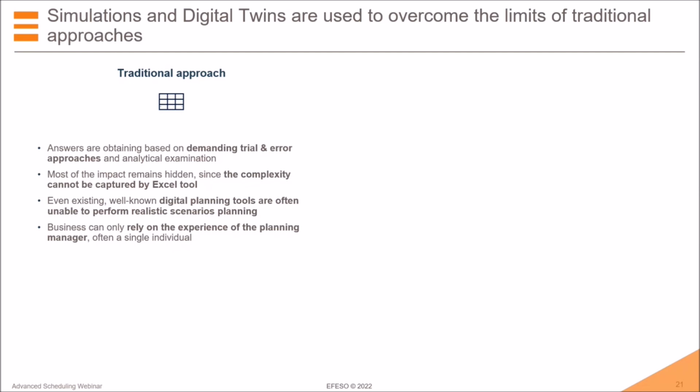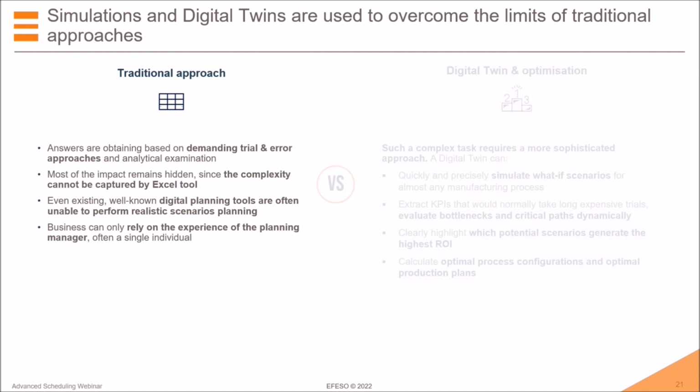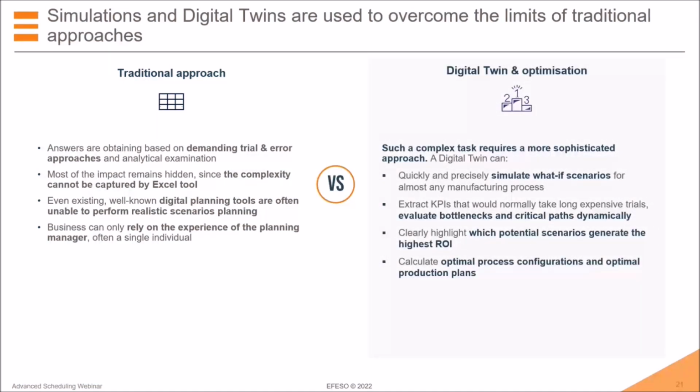So we need to shift from a click-and-run approach towards a paradigm that is more continuous and dynamic, exactly like a digital twin and optimization solution like the one we are showing you. So what is that?